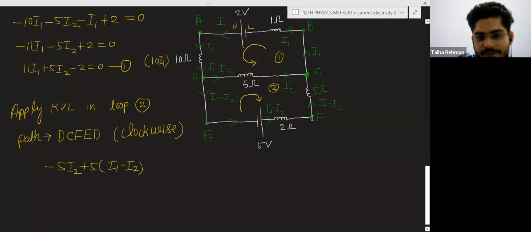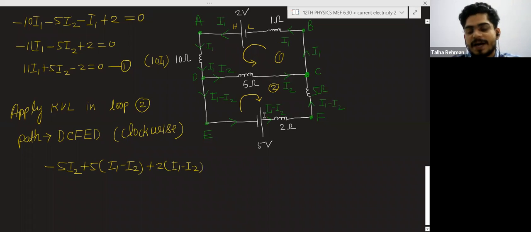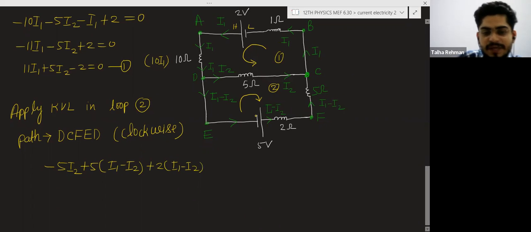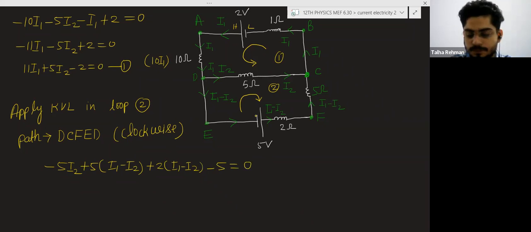Now from F to E, you will take plus 2 times I1 minus I2. Now you are moving from higher potential to lower potential, so you will take this as minus 5, and this is totally equal to 0.